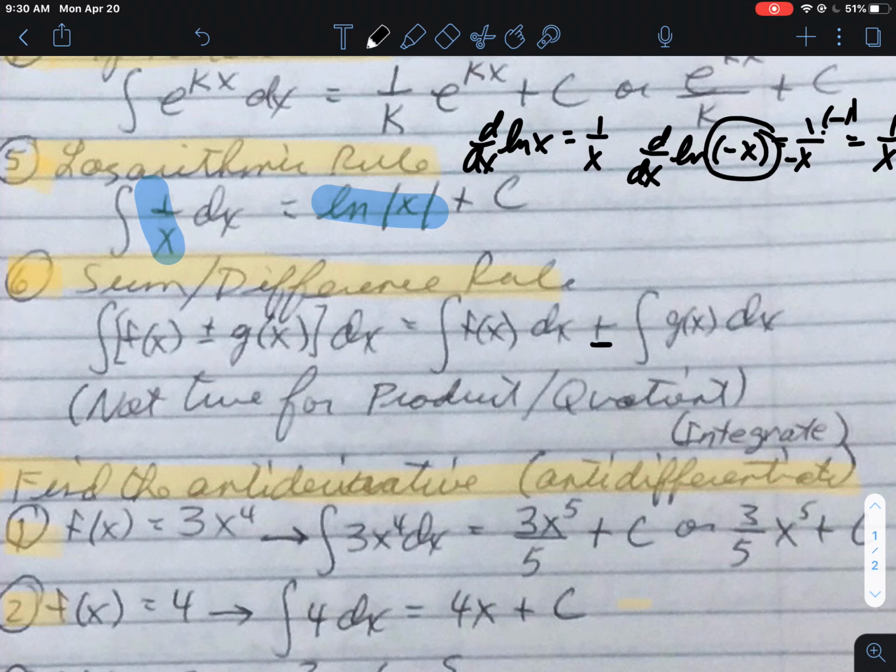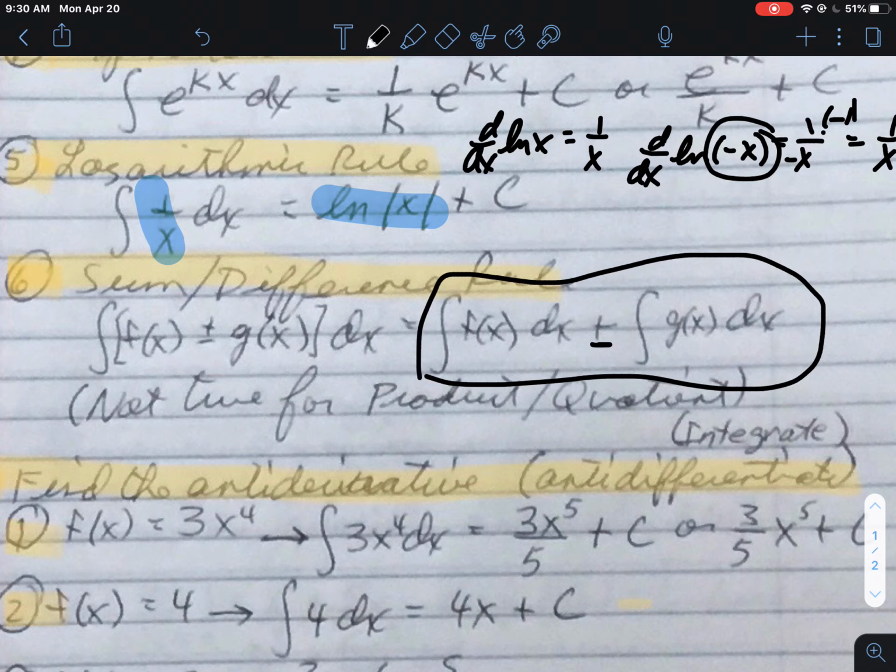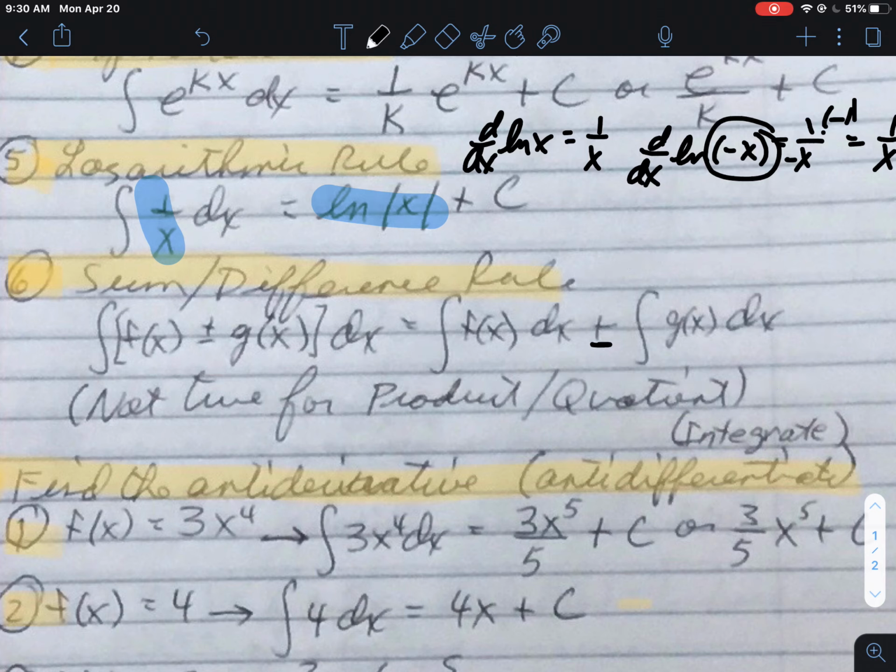Now, whether or not you actually formally rewrite it this way is not absolutely necessary, and I'll show you in the examples. You can simply integrate term by term, and that would be sufficient. Right? But I'll point that out to you in the examples.